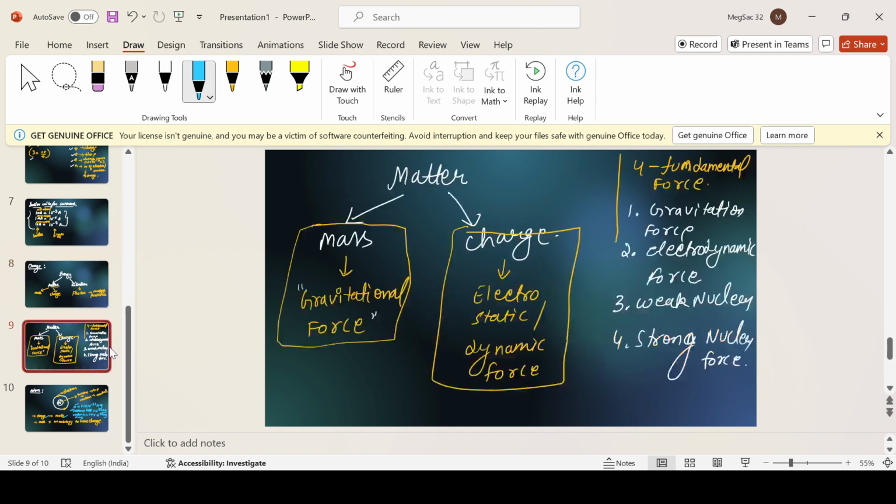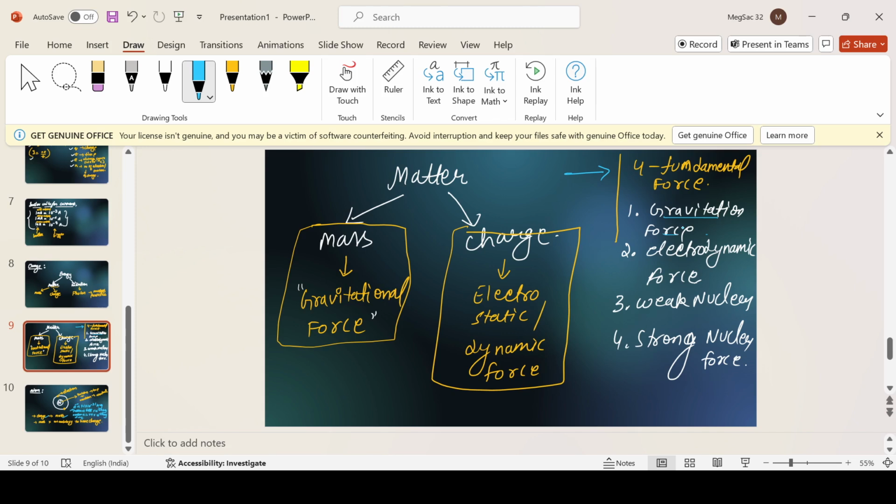So see, when you classify matter, we have mass and charge. In our nature we have four fundamental forces, and all forces are made from these only: the gravitational force, the electrodynamic or electrostatic force, the weak nuclear force and the strong nuclear force.